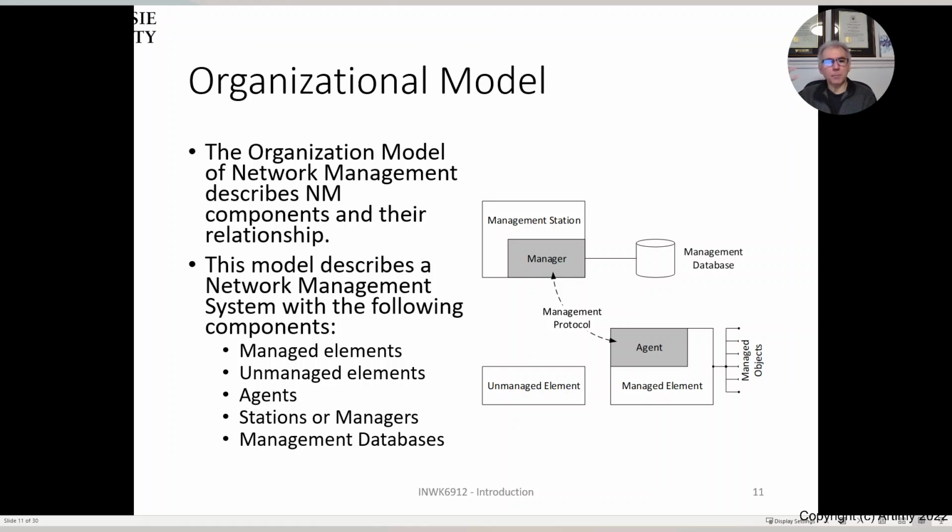An agent is a piece of software that sits on the managed element and talks to the manager, another piece of software that sits on the management station. The agent collects the information from a managed element and sends it to the manager. The relationship in this case could be that the manager polls the agent, so it asks the agent for information, right?